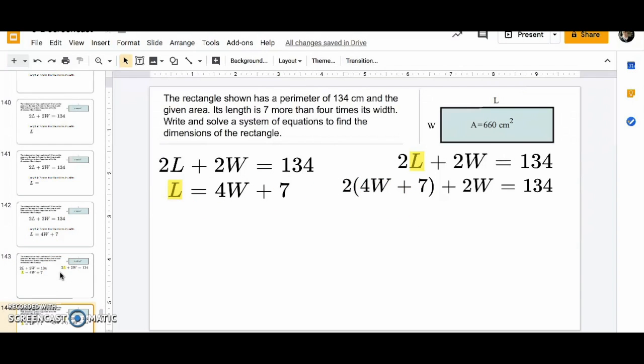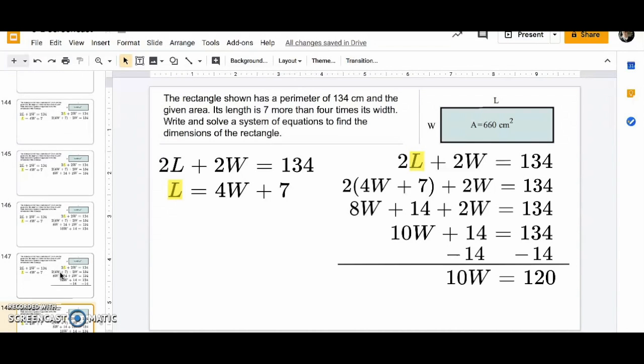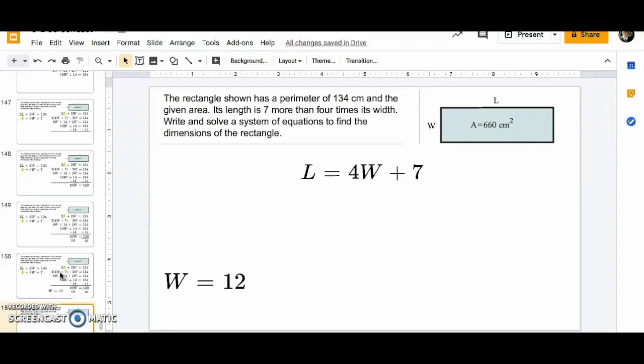So we take the L out and replace it with 4w plus 7. We distribute the 2 and we get 8w plus 14 plus 2w equals 134. Combine my like terms, I have 10w plus 14 equals 134. Subtract 14 from both sides, I'll have 10w equals 120. Divide both sides by 10, and w equals 12, so my width is 12. To find the length, we can substitute it back in for this equation.